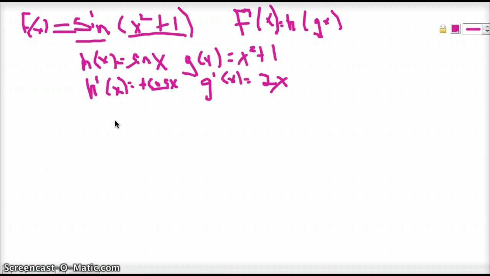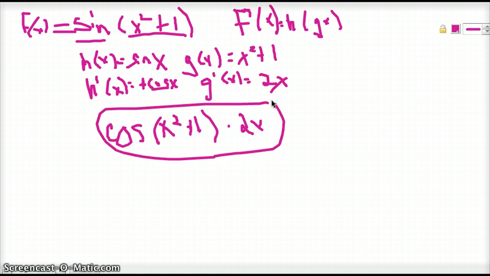So h prime is cosine x, we're going to take the cosine of our inner function, which would be g of x, x squared plus 1, times g prime of x, 2x. And there's our answer.